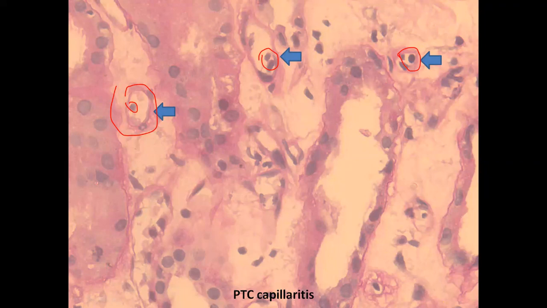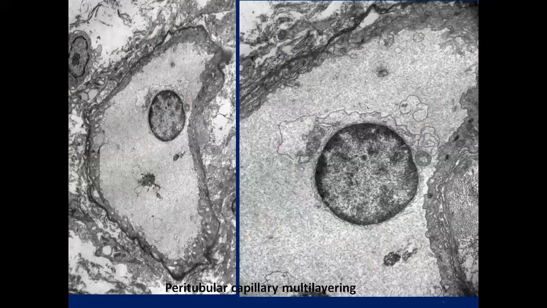That suggests that whenever there is repeated endothelial injury, there has to be thickening of the glomerular capillary wall or the peritubular capillary basement membrane layer. So if you find thick-walled PTCs with PTC capillaritis, it is also one of the diagnostic features of a chronic antibody-mediated process.